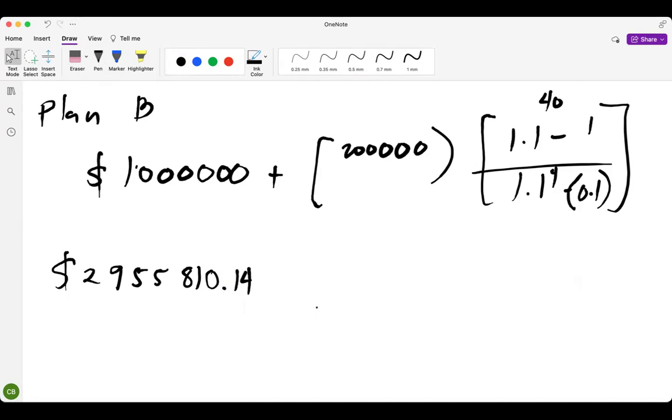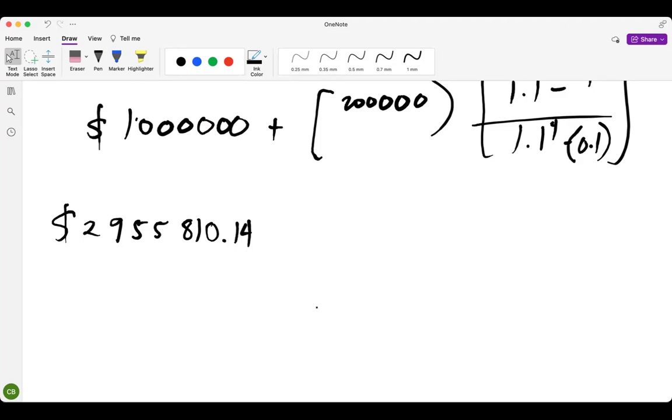But for plan B, we have the equipment. After 20 years, a new pumping equipment is required, so it adds an additional present worth.